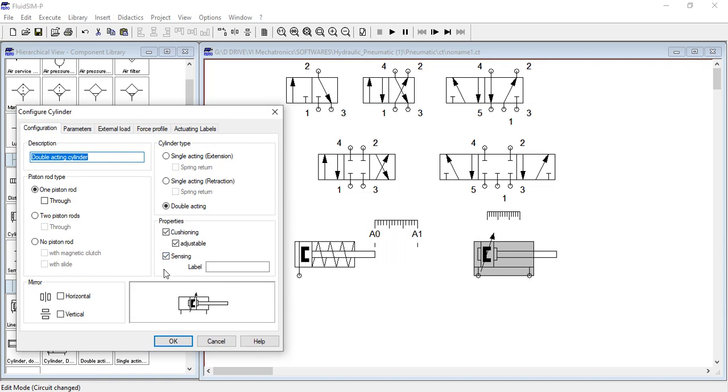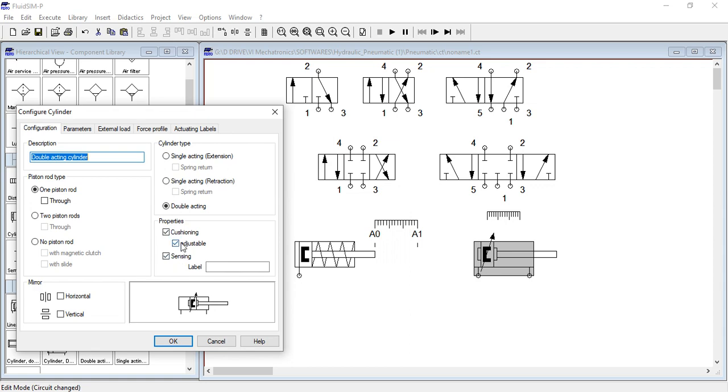See here, you can see that one arrow is shown and one dark C is there in both the cylinders or actuators. These are nothing but cushioning. Cushioning is provided to avoid the piston rod striking the walls. It is air cushioning. It compresses the air and releases it slowly through a small orifice.